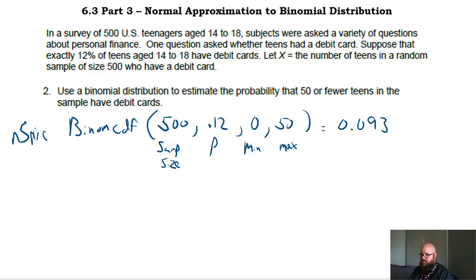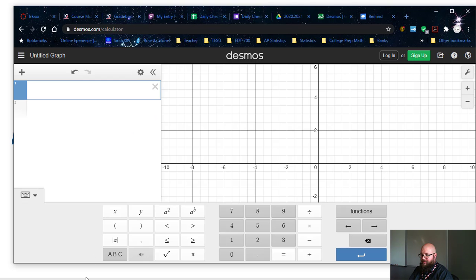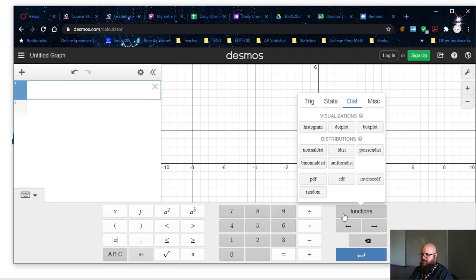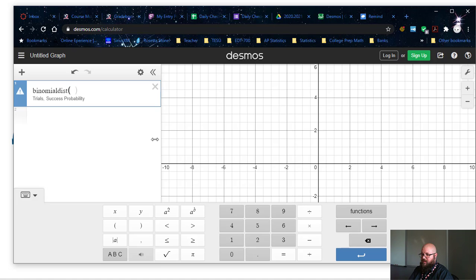If you need to use, what's it called? Desmos. The Desmos calculator. Let's go there and see what we got. So here in the Desmos calculator, you should be able to go to functions and build a binomial distribution. In which case, I want you to put the trials and the success probability.